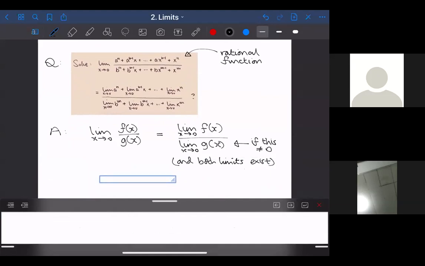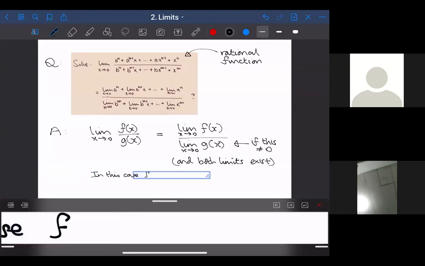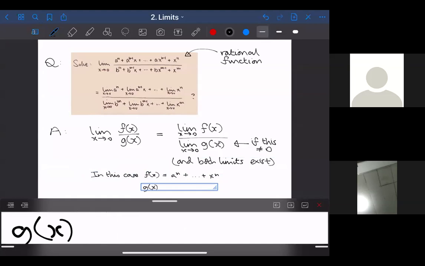Now, in this case, what is the limit of the top and the bottom? If f(x) is a to the n plus all those terms up to x to the n, and g(x) is b to the m plus all those terms up to x to the m.